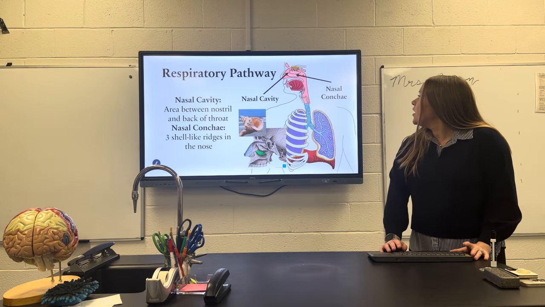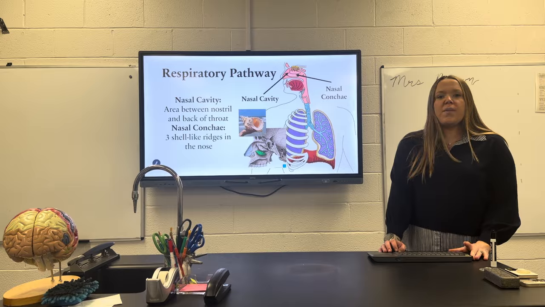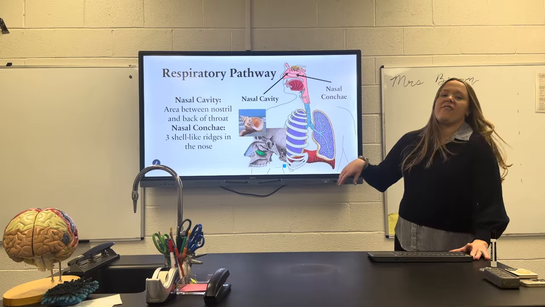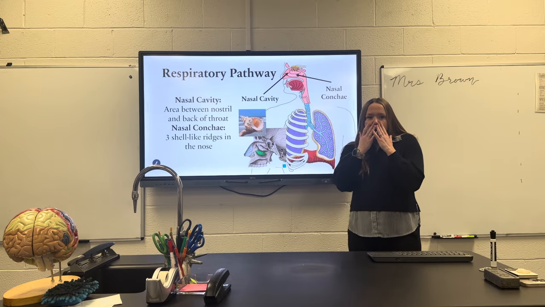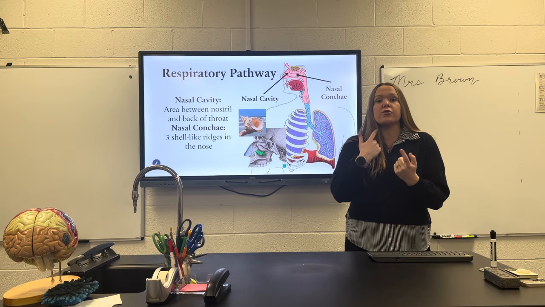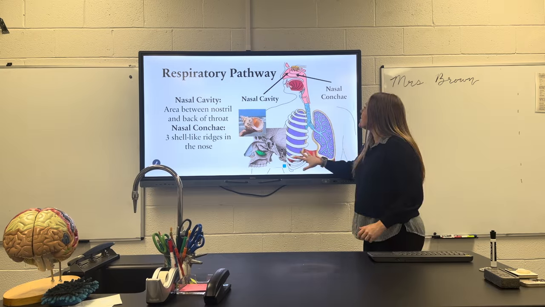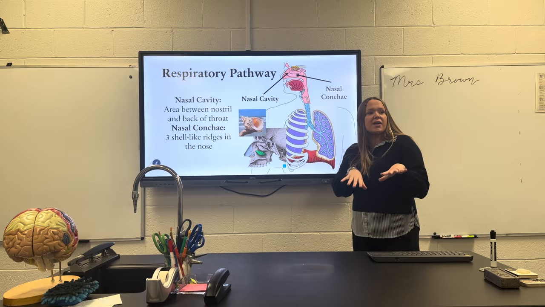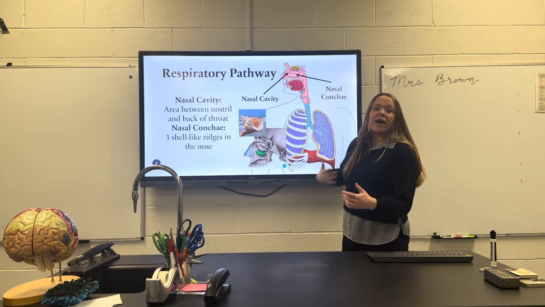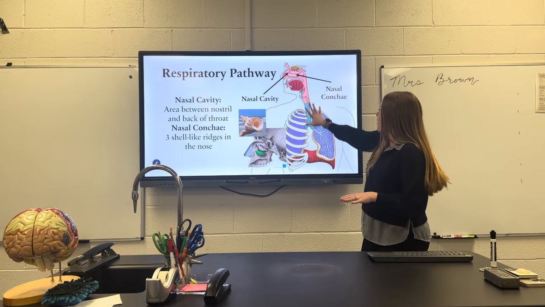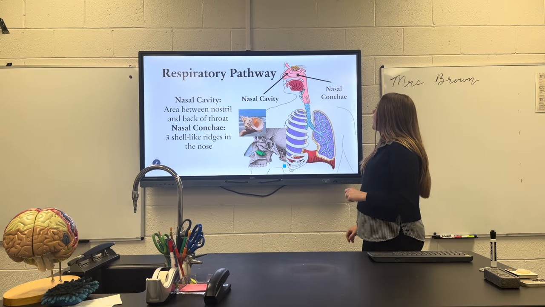So the first part of your respiratory pathway is your nasal cavity. This is the area between our nostrils going all the way to the back of our throat. You have these notes printed out so you can label them as we go, because I'll point directly to what you have on your piece of paper.